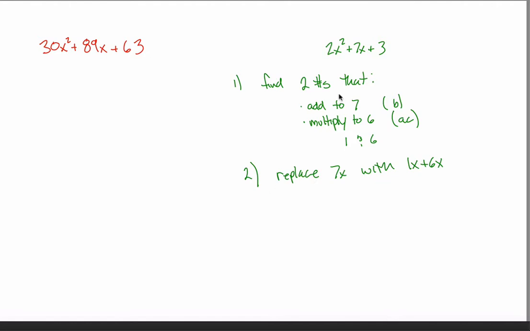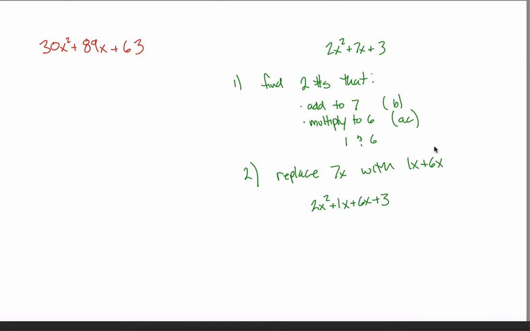What you do in the second step is you replace your linear term here, the 7x, with two terms where the coefficients on those two terms are just the numbers that you found in step 1. So 2x squared plus 7x plus 3 is equal to 2x squared plus 1x plus 6x plus 3. You just rewrite your original expression, but instead of writing 7x, you write 1x plus 6x.